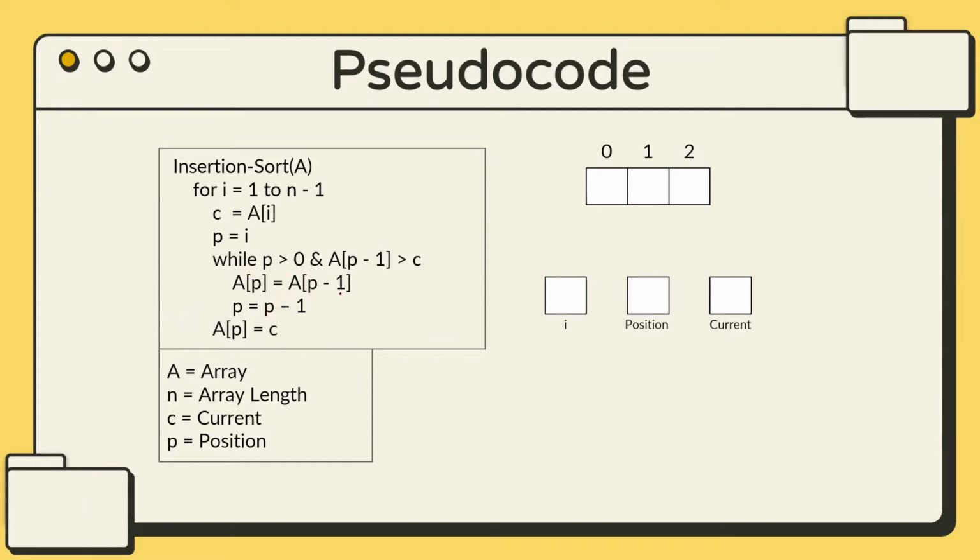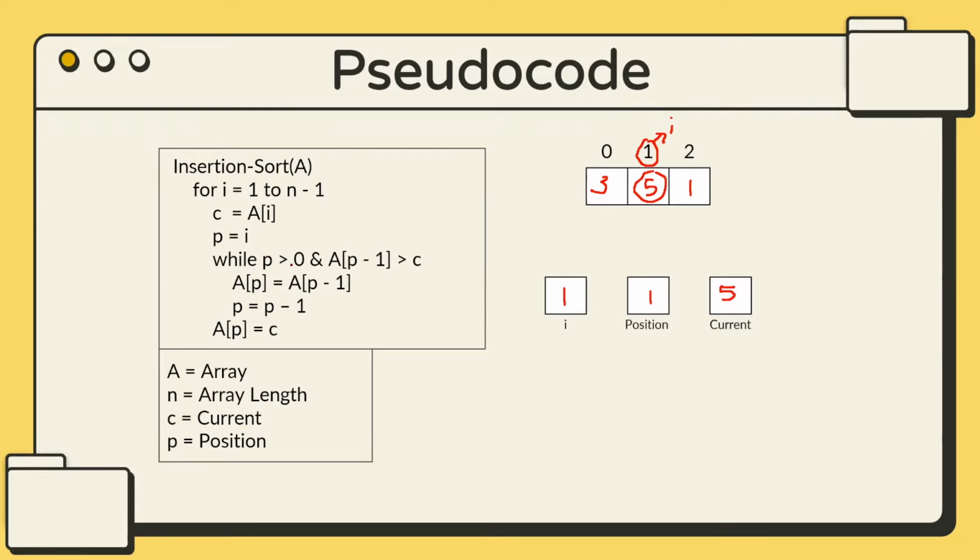So for example, I have number 3, number 5, and number 1 right here. So the i will always start with number 1. And the current number inside the i, so this is the i, and the number inside is 5. So the current number is 5. And the p is always equal with i. The i is 1, so the position is 1. After this, we'll continue to the condition.